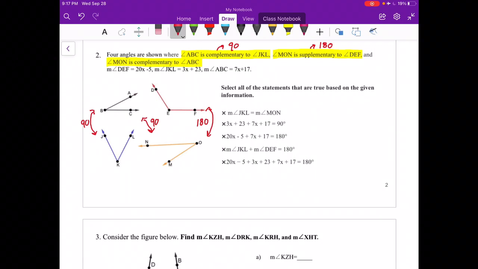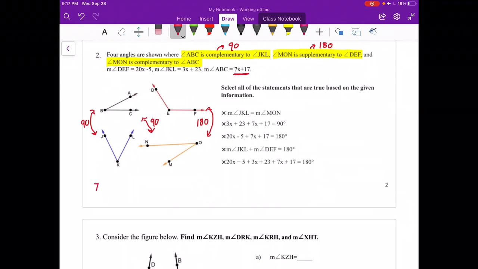Since we know that angles ABC and JKL are complementary, we can set up an equation to say that the part plus the part equals the whole. In this case, ABC has the expression 7x plus 17.